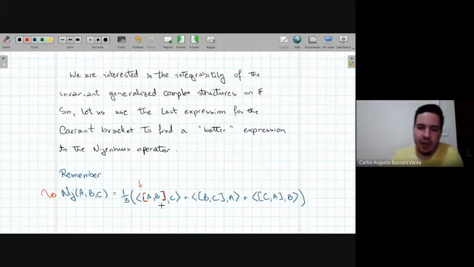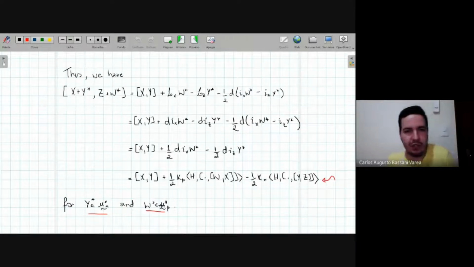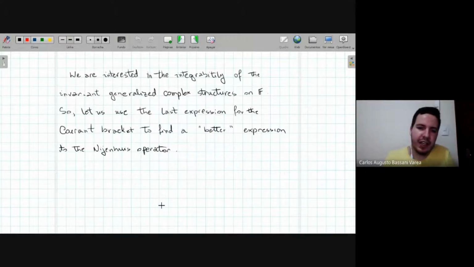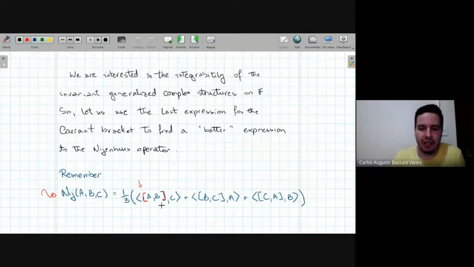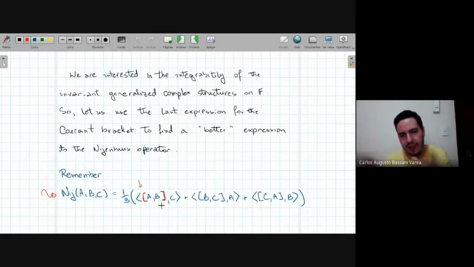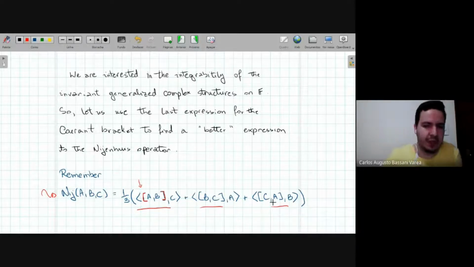Okay, so using this expression of the Courant bracket, the idea is to obtain a better expression for this Nijenhuis operator. Better because it's in our language, in the language of the Lie algebra and its dual. Okay, so it's a big expression, so we are going to compute each part separately. So first this, and then this, and this, which is quite similar.